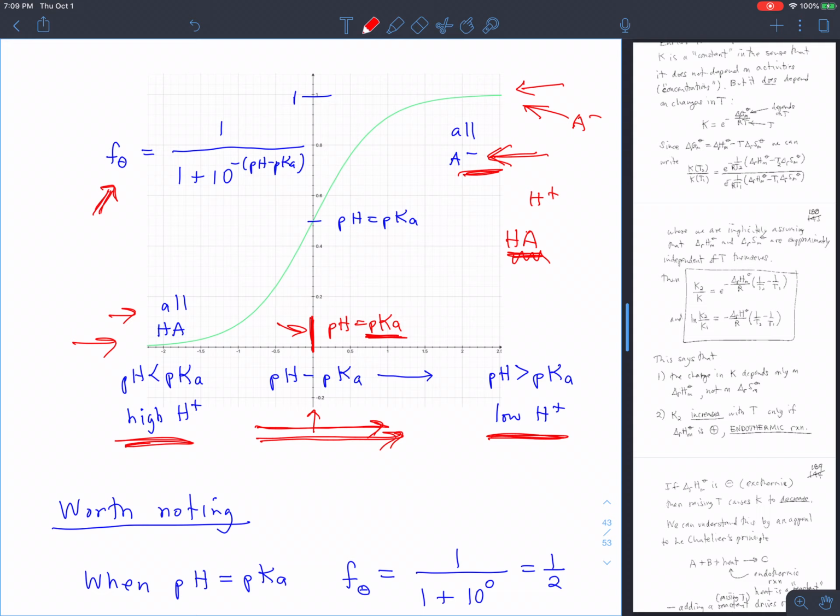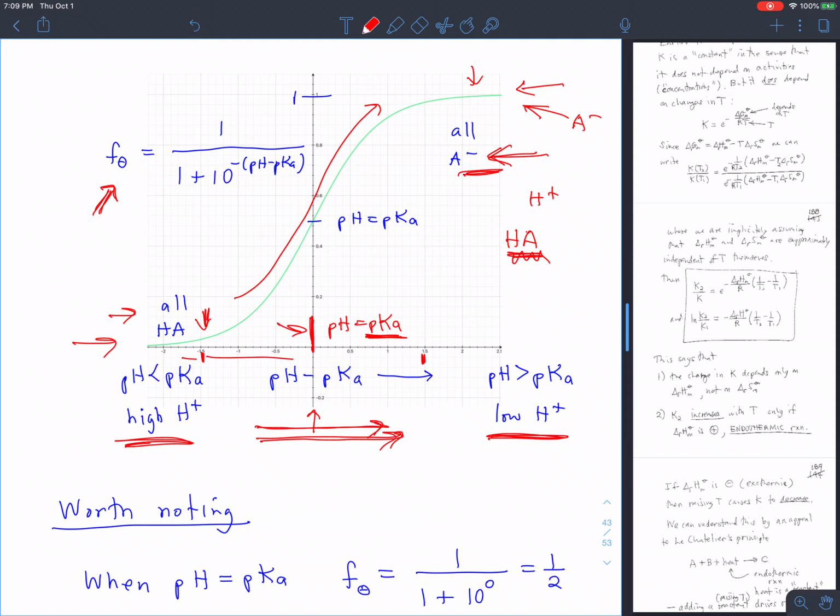Let's see, what else is worth pointing out? Oh, yeah. This rise is relatively rapid. You can see there's a sort of sigmoidal curve here. In going from a pH of minus 1.5 to a pH of about 1.5, we've gone from completely in the acid form to completely in the dissociated form.